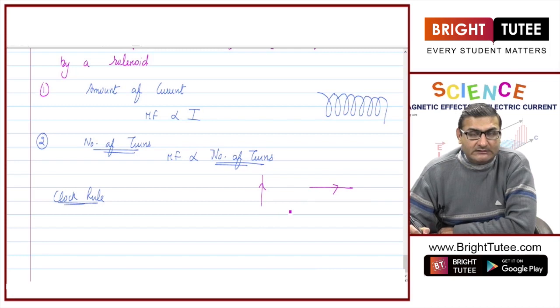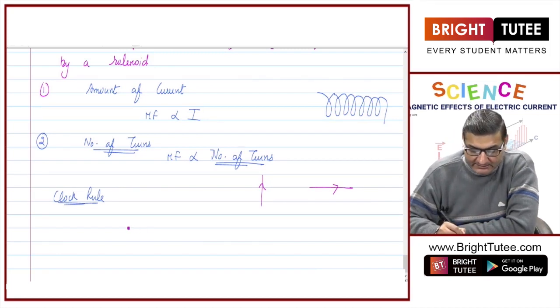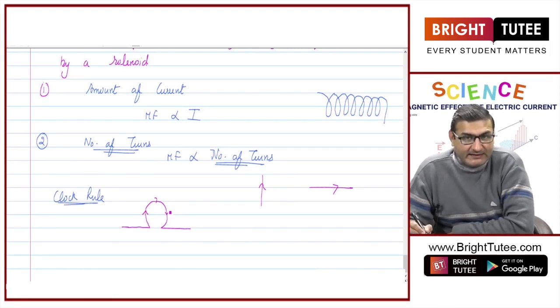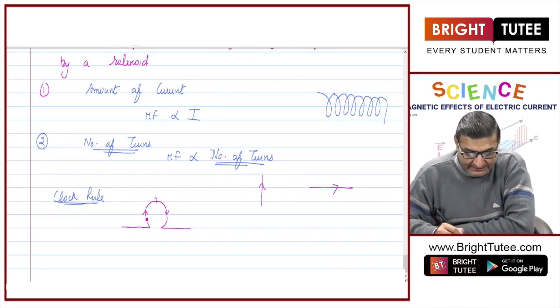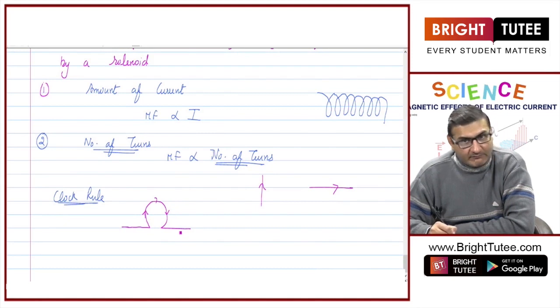We found the direction of magnetic field lines with the Maxwell's right hand thumb rule. But in case there is a circular wire like this, in this particular part we can individually say that the magnetic field lines are upward. In that case, current going upward, it will be anti-clockwise, current going downward, it will be clockwise.